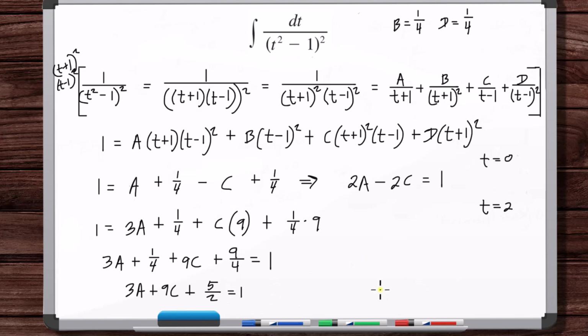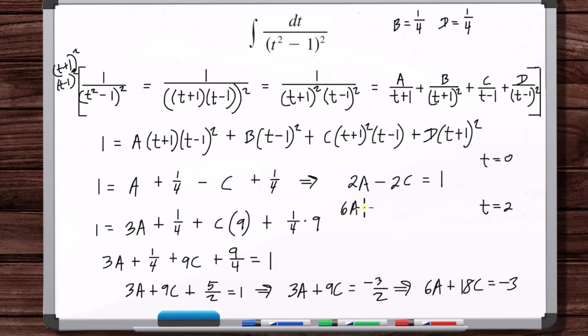Okay, 1 minus 5/2. So 2 over 2 minus 5/2 is minus 3/2. Multiply the entire equation by 2. You've got 6a plus 18c is equal to minus 3.